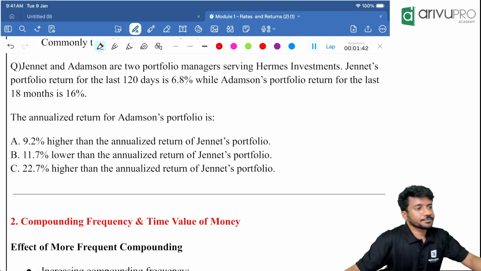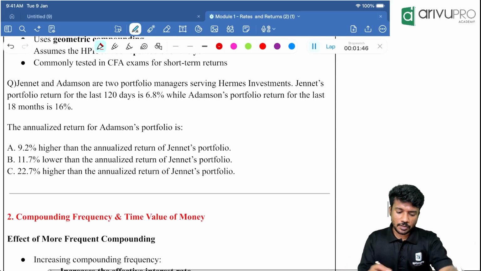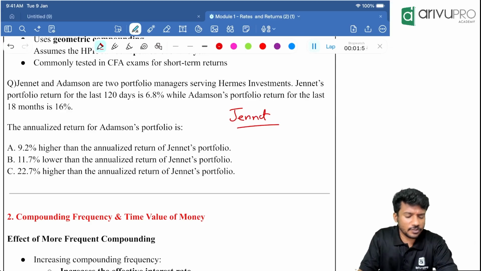Time up. Got the answer? So first case, we will consider Janet. Janet's portfolio return for the last 120 days is 6.8%. So Janet's annualized return is how much?